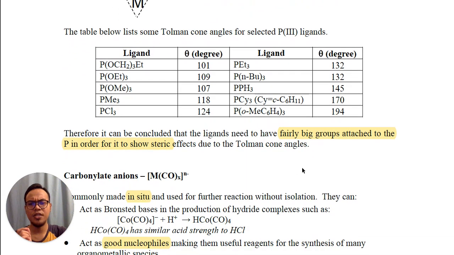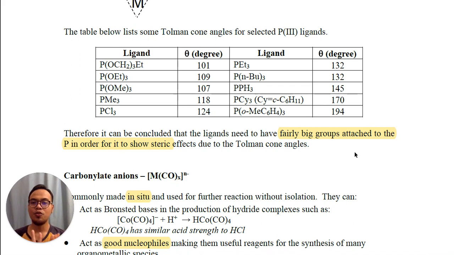So what conclusion can we make here? If you have big groups attached to your phosphorus, you are going to have steric effects. Consequently, you will face some difficulties in forming a bond with your metal.